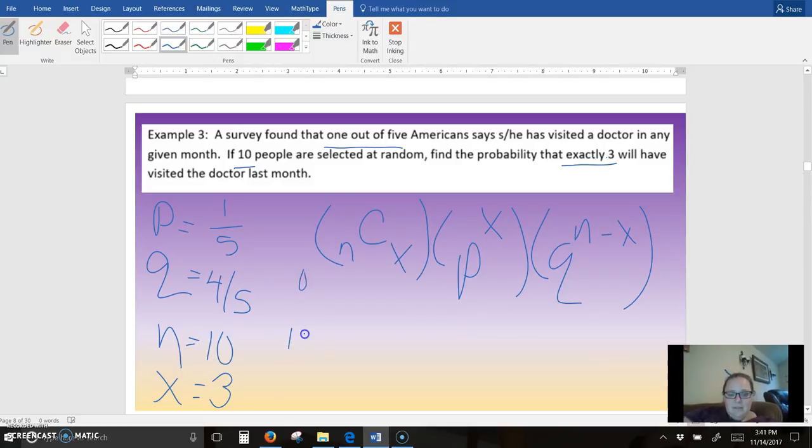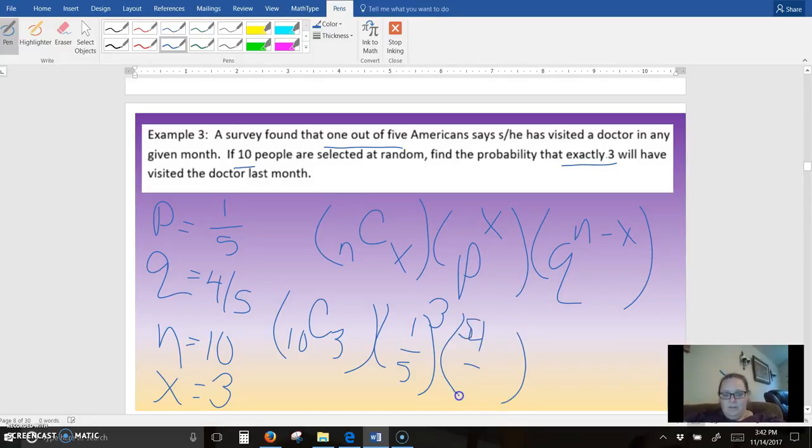And then I'm just going to pop in those numbers into this. So 10 C 3, times 1/5 to the 3rd, times Q, which is 4/5, to the n minus x, which is 7.